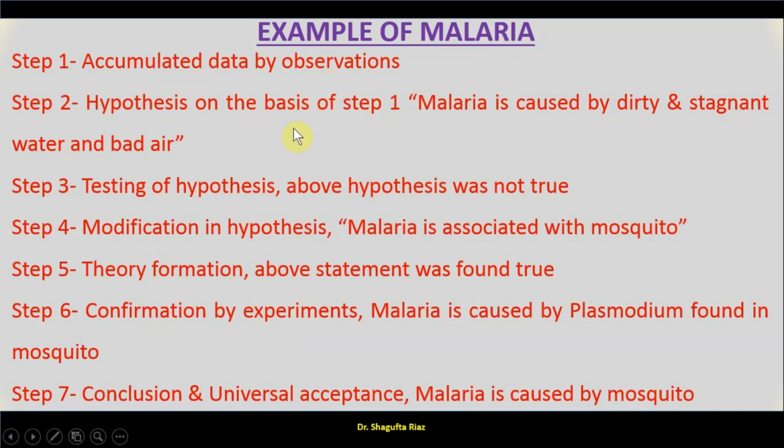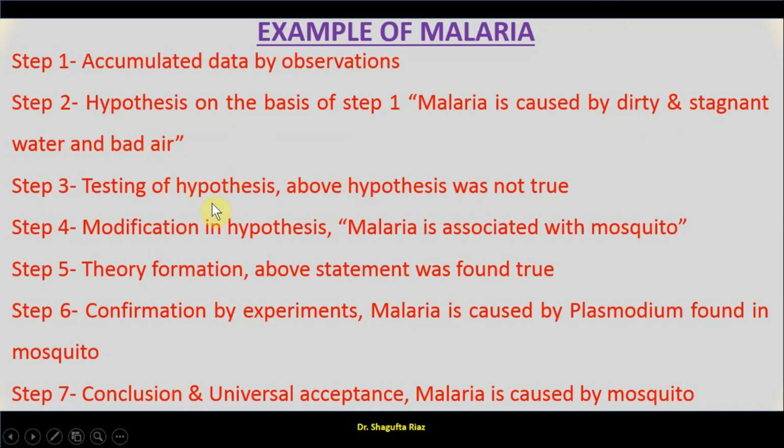When the first cases of malaria were observed by the scientists of that time, they started observing the conditions in which human beings were affected by malaria. And they came to know that wherever there was dirty or stagnant water, water which is not flowing, or some bad air, humans got malaria from that, right? So they put forward the hypothesis, on the basis of these observations, that malaria is caused by dirty and stagnant water.